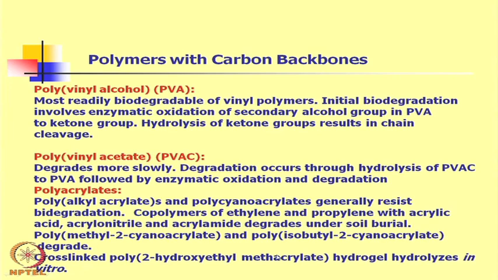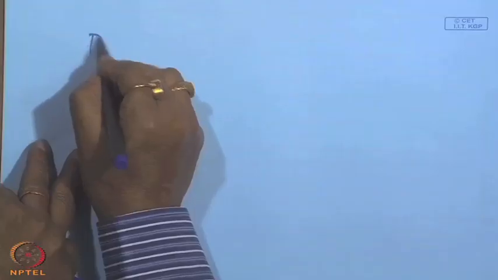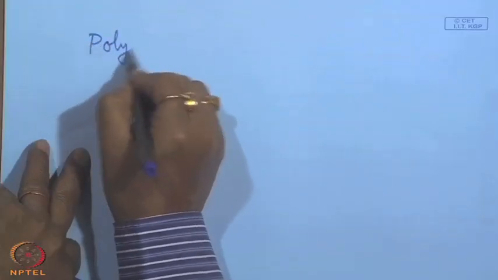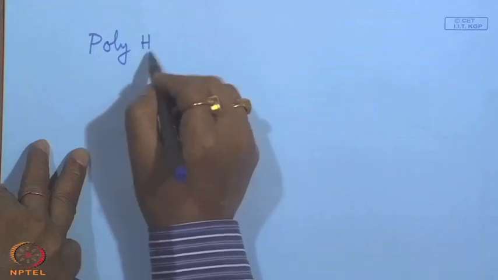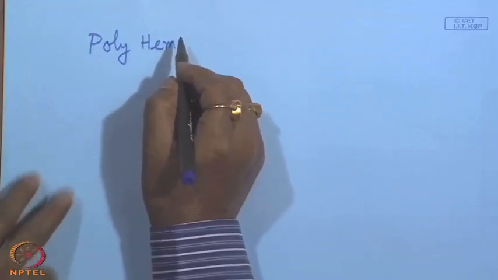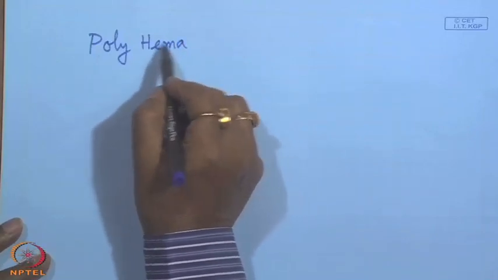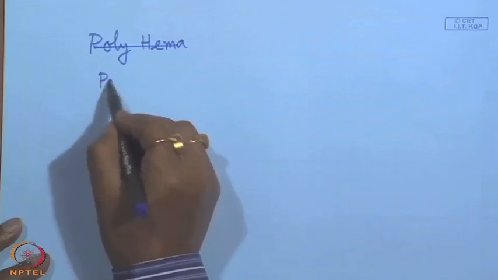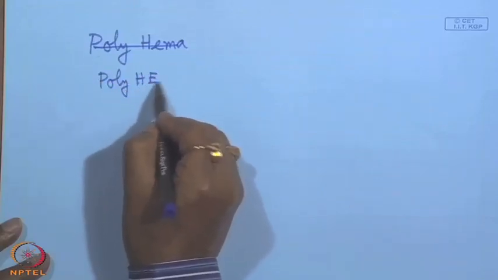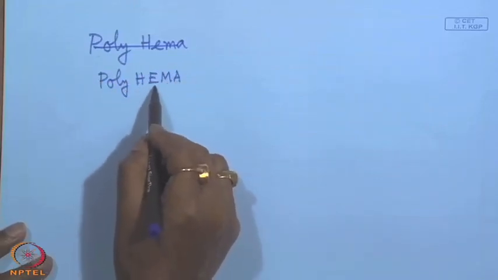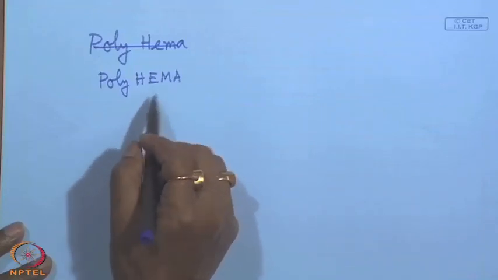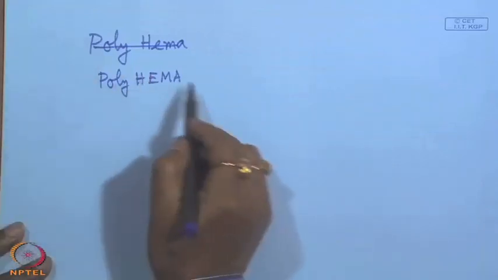Cross-linked poly 2-hydroxyethyl methacrylate hydrogel hydrolyzes in vitro. Now, this poly 2-hydroxyethyl methacrylate is known as polyHEMA. Polyhydroxyethyl methacrylate is polyHEMA.